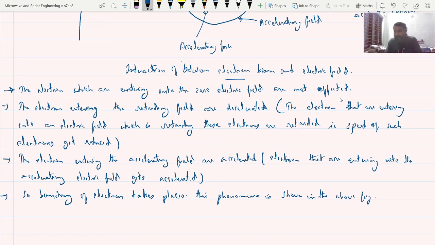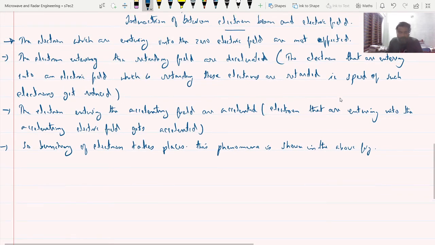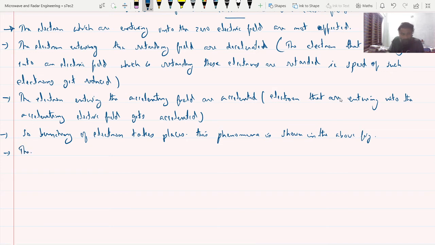That means they will form a bunch centered about those electrons that enter the helix during the zero field. If you want, you can also write that: they are forming a bunch centered about those electrons that enter the helix during the zero field.